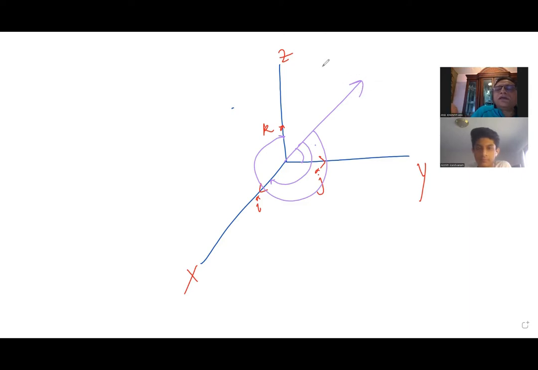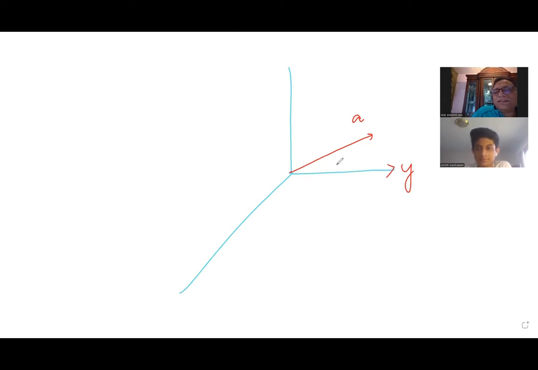Let's say this is vector A. Let me redraw this and draw a vector A here. With the y-axis it is easier to calculate.